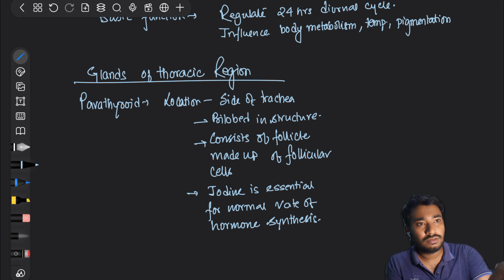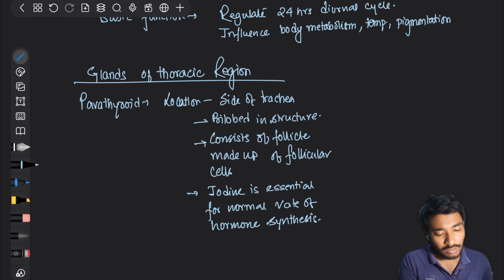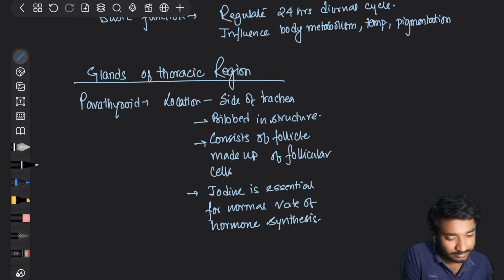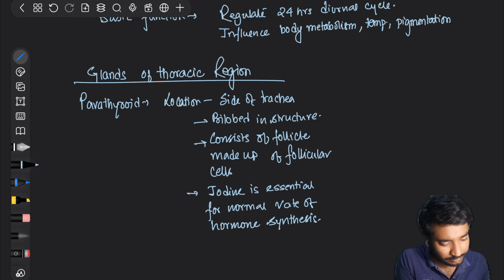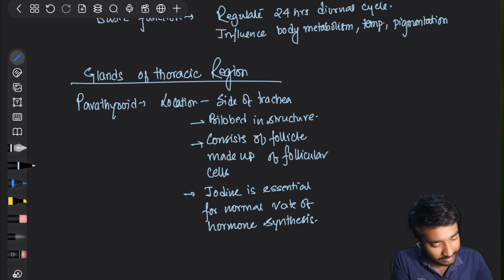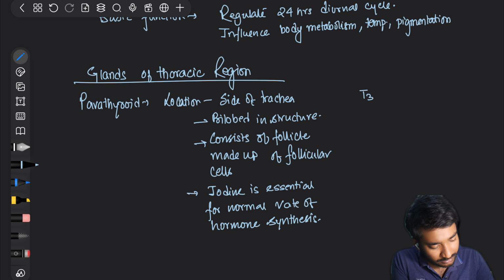Okay, now come to the next part. The hormones secreted from the thyroid are T3 and T4.